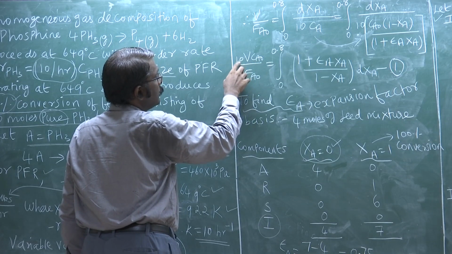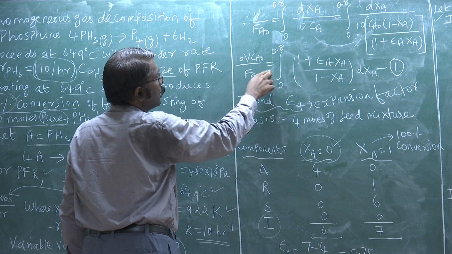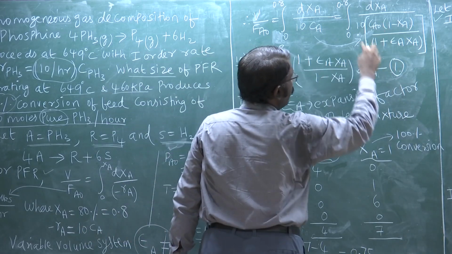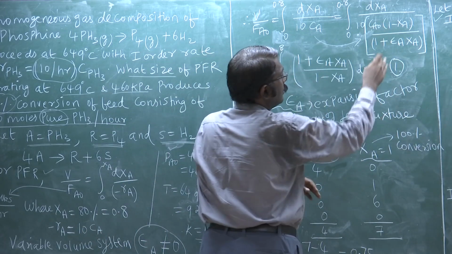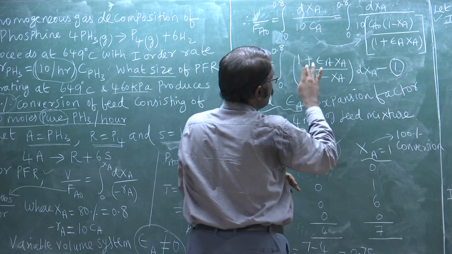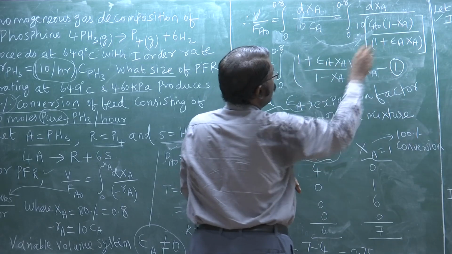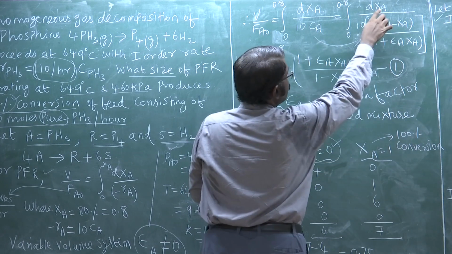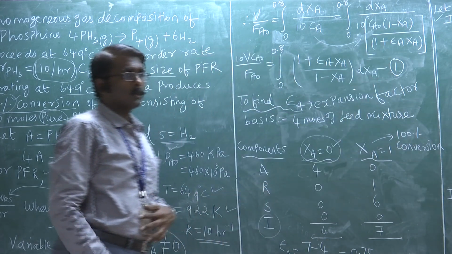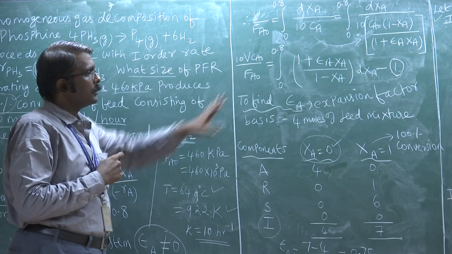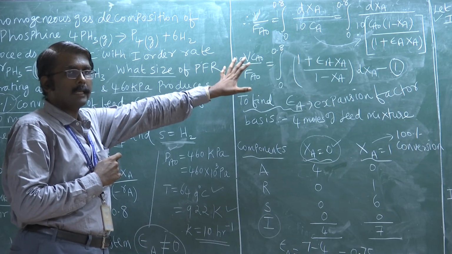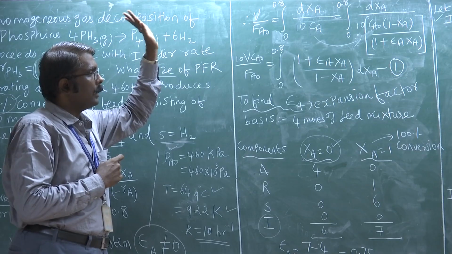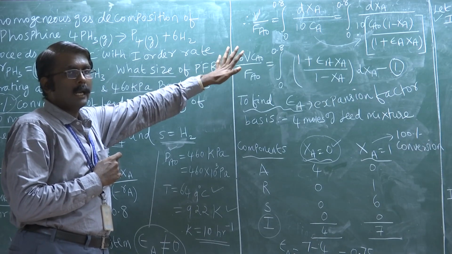We get 10 V Ca naught divided by Fa naught is equal to, now this entire function is inverted. So this term will come to the numerator, 1 plus epsilon A Xa, then the denominator is 1 minus Xa, into dXa as it is. So now the function for integration is 1 plus epsilon A Xa divided by 1 minus Xa. Let us call it equation number 1.